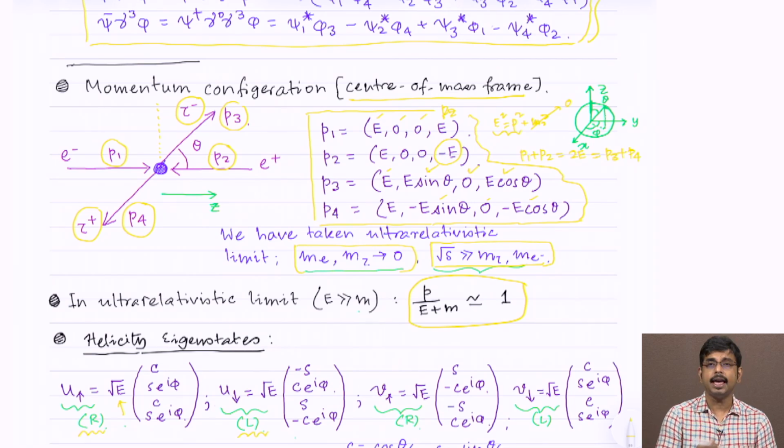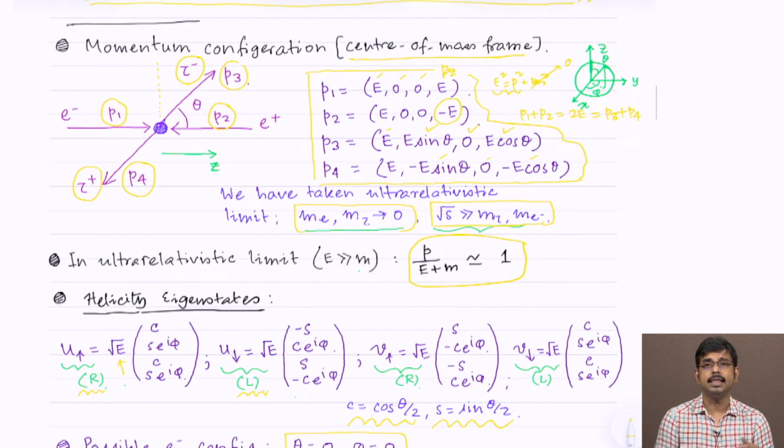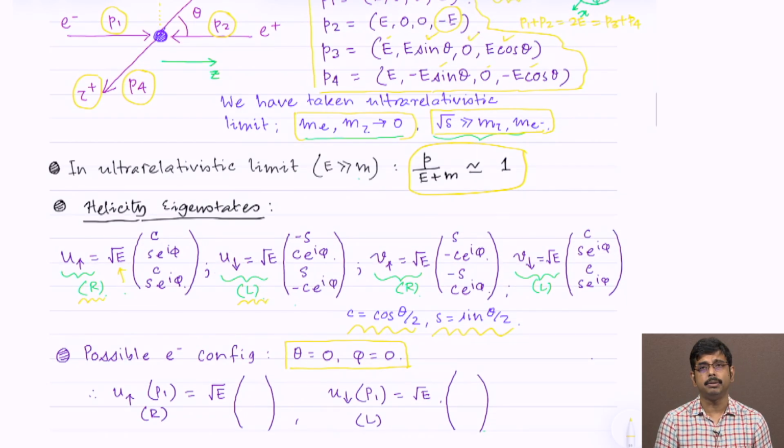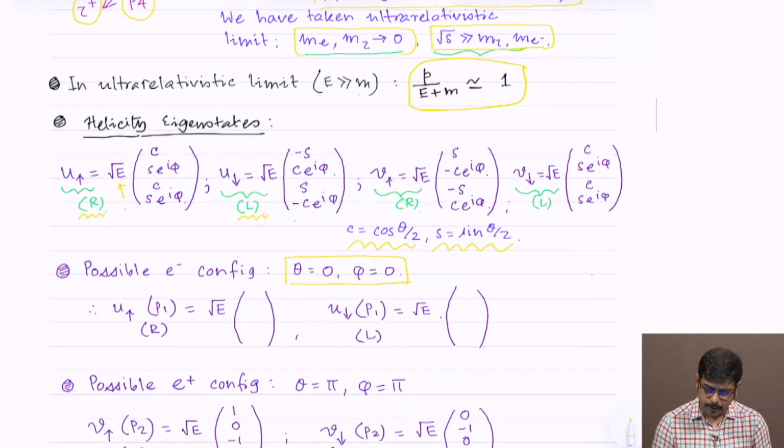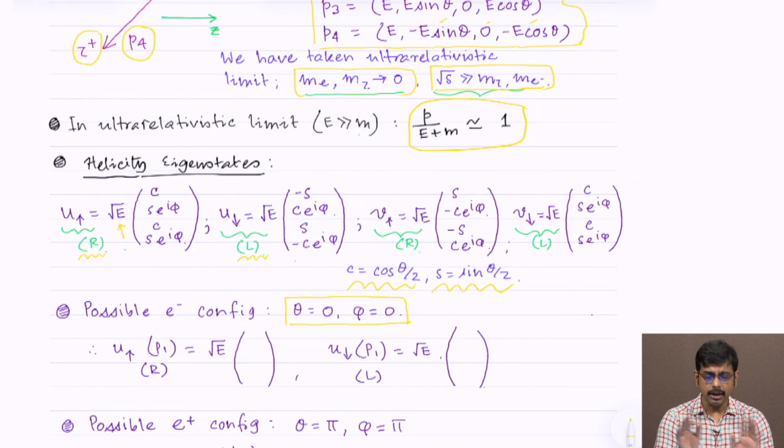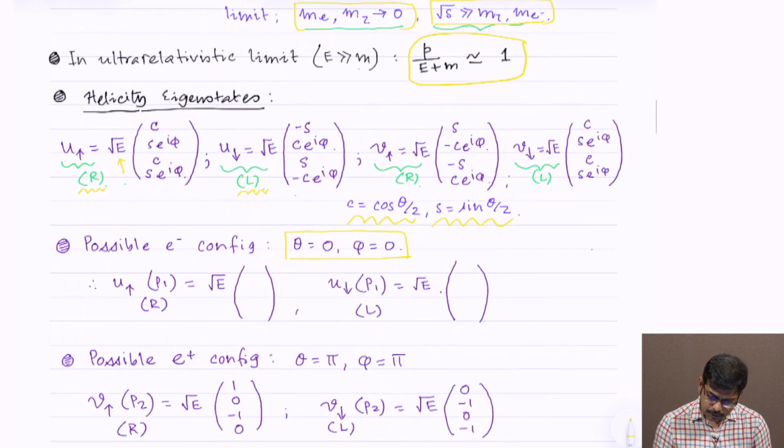Therefore, if this is the axis of the collision defining the beam axis, then theta is defined with respect to that z axis. So you can say that the electron is exactly aligned along the z axis. The theta will be equal to 0, and phi, the azimuthal angle, is also going to be 0.